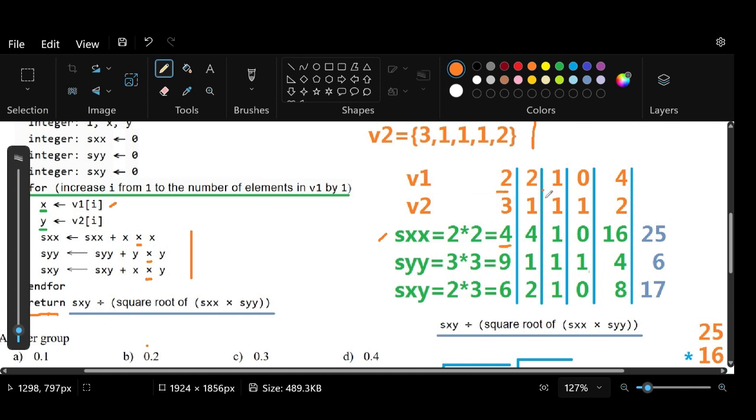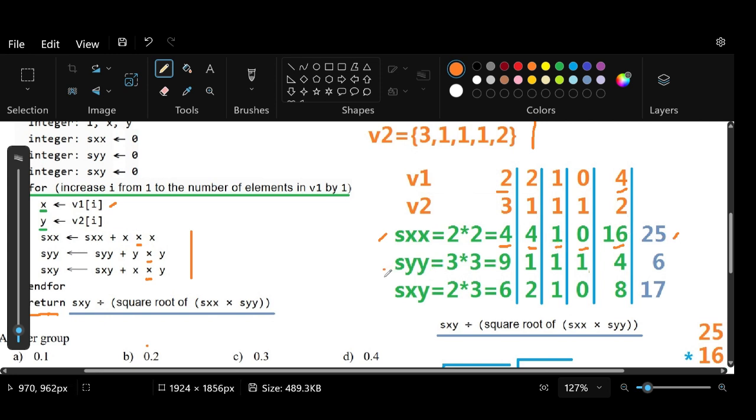The next one gives us 2 again, so that's 4. 1 times 1 is 1, 0 times 0 is 0, 4 times 4 is 16, and afterwards we need to add all of them up. This is 4, 20, 4, 1, 5, so 25.